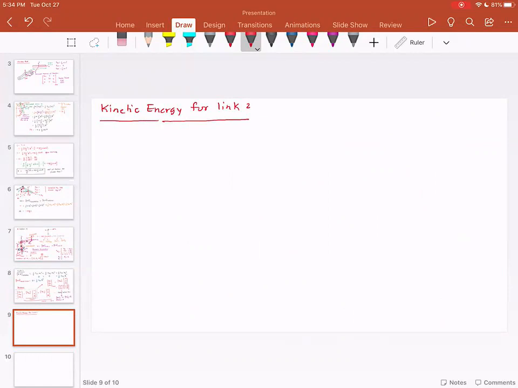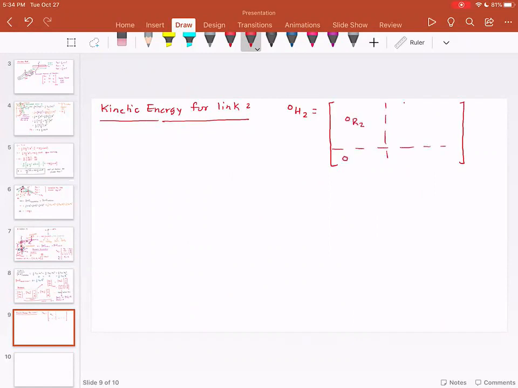We will adopt the same approach. Look at the matrix 0H2. The 0H2 matrix will have a rotational matrix, this is 0R2.